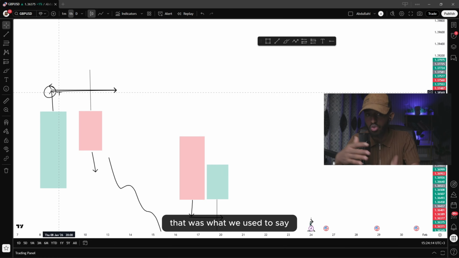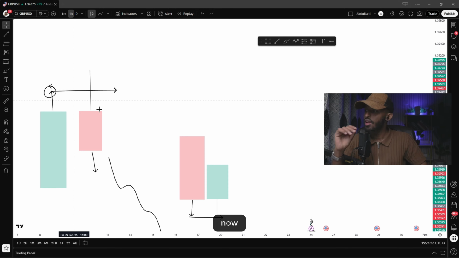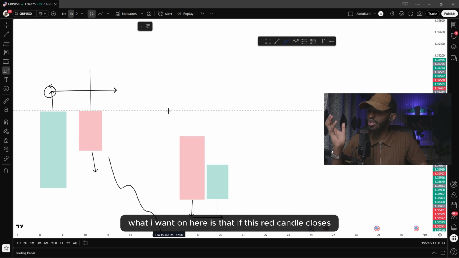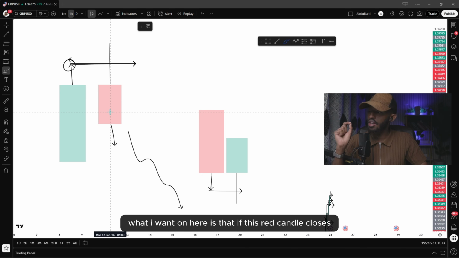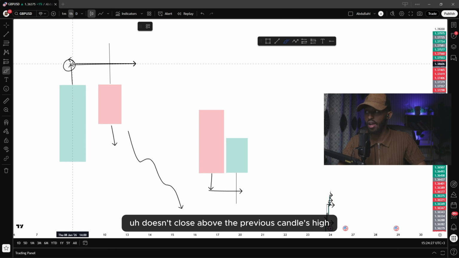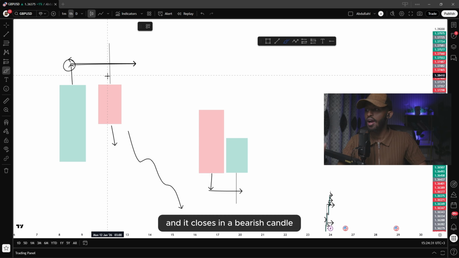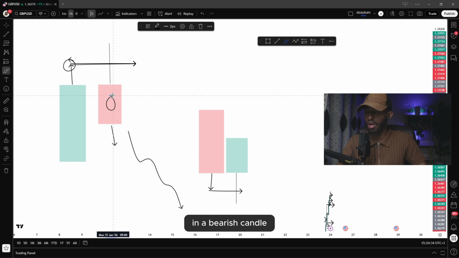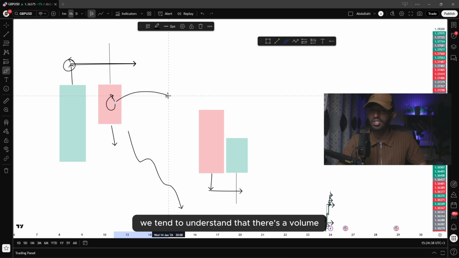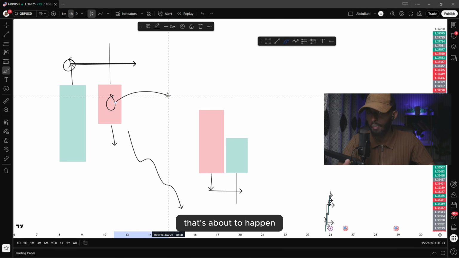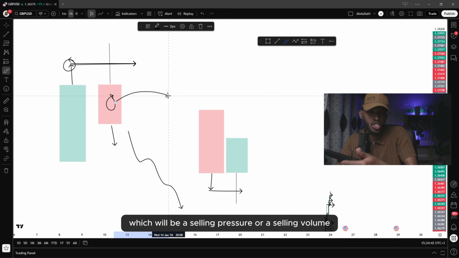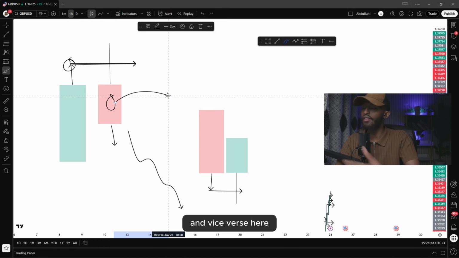Now, what I want here is that if this red candle doesn't close above the previous candle's high, and it just gives us a wick, and it closes as a bearish candle, we tend to understand that there's a volume about to happen, which will be a selling pressure, or a selling volume.